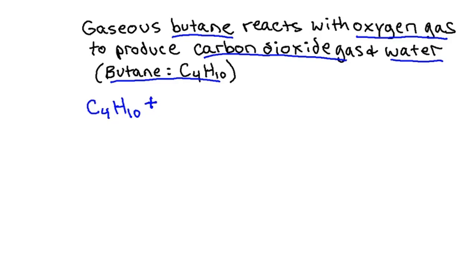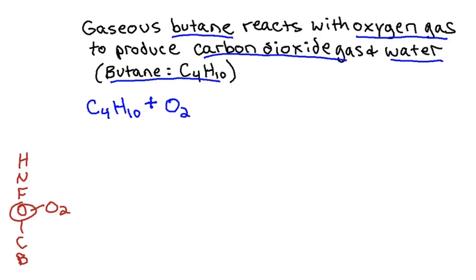And do you remember how oxygen gas presents itself? Remember, it's have no fear of ice cold beer. So oxygen is always going to be in pairs, in O2s. So we're going to make that oxygen gas O2.